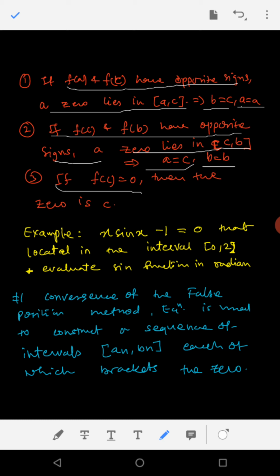If fc is equal to 0, then 0 is at C. So this is one example which I am showing here.